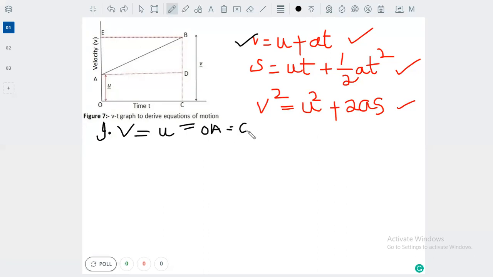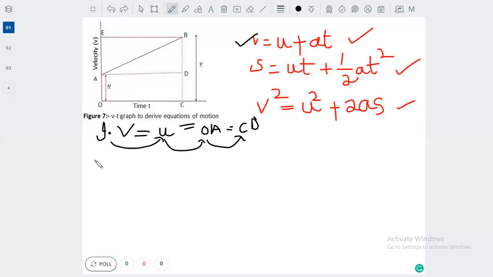Why CD? Because you can see that OA is completely parallel to CD. So that is the reason my initial velocity is nothing but u, and u is equal to OA, and OA is equal to CD, right?